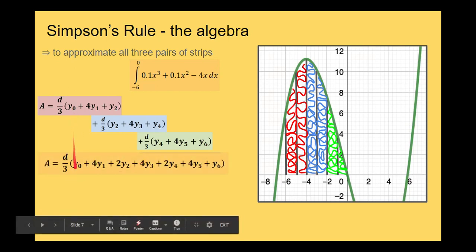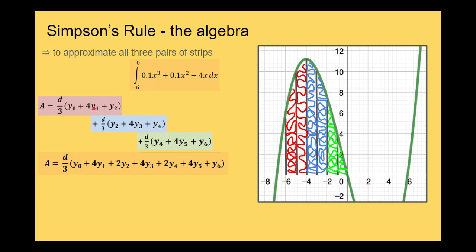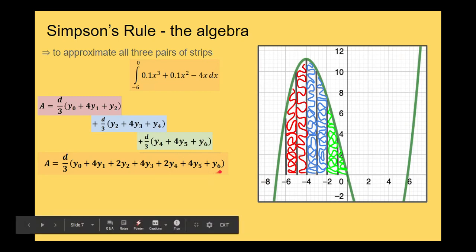We've got 1 lot of y0, 4 lots of y1, but our y2 comes in both on 2 areas, so we've got 2 lots of y2. Similarly, 4 lots of y3 and 2 lots of y4, y5, and by the time we get to the last one, there's just the 1 lot of y6.